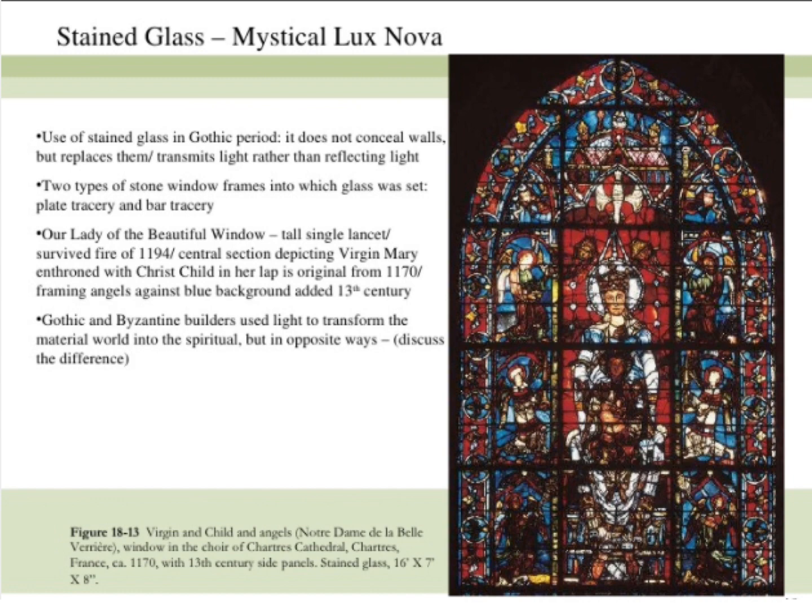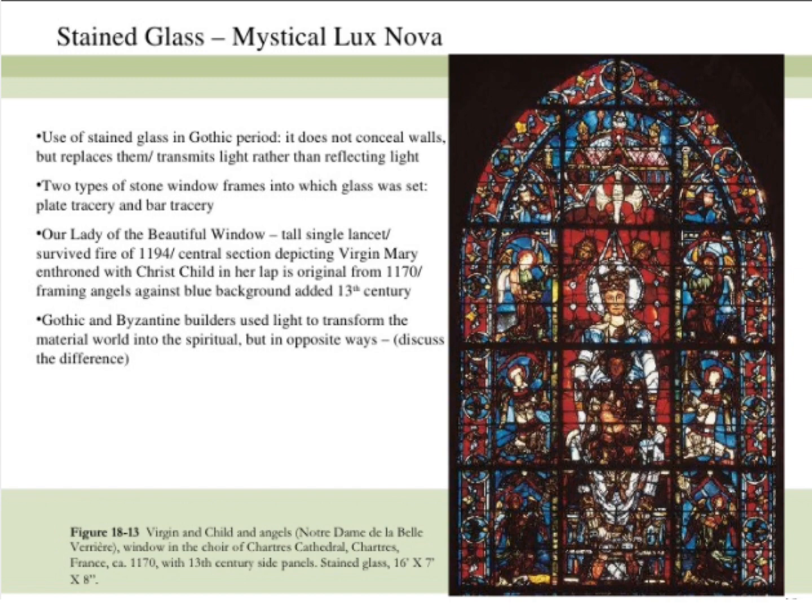The stained glass is updated at the cathedral, and it helps to bring in reflective light. There are two types of stone window frames that the glass is set in.